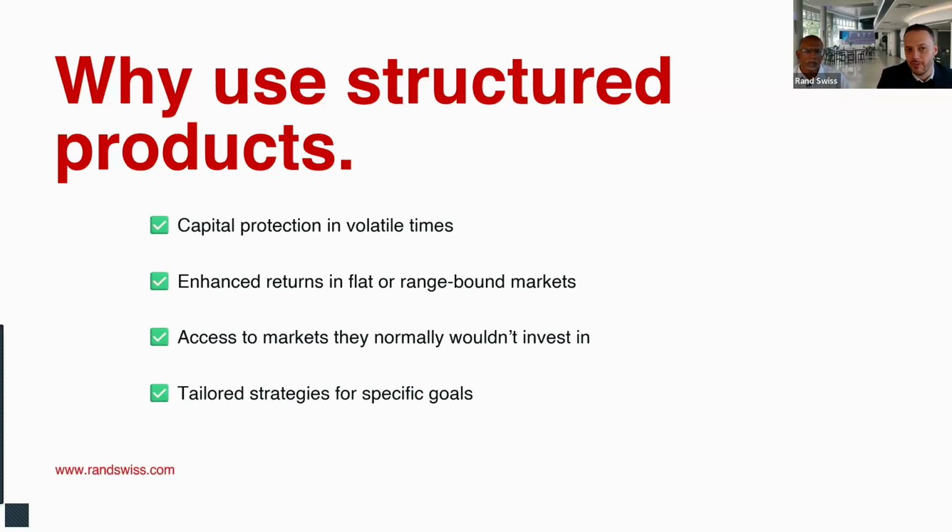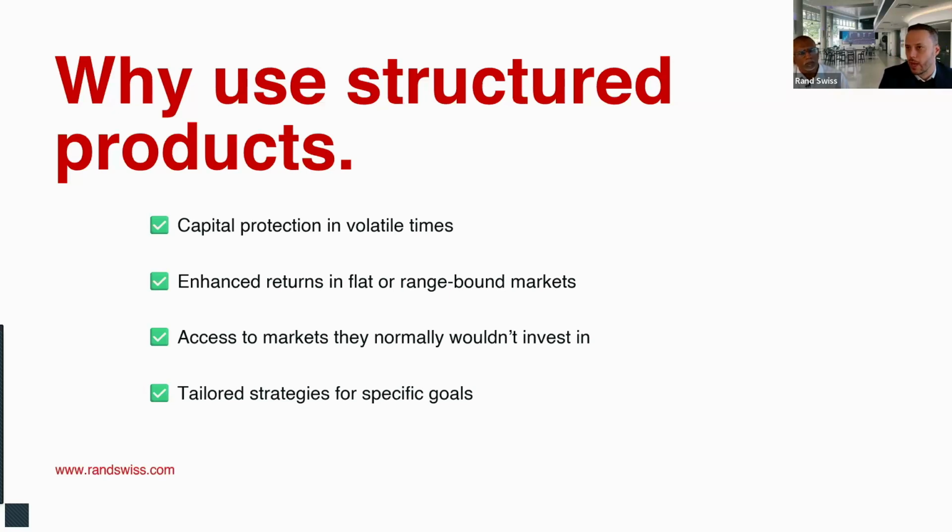The enhanced return in flat or range-bound markets. Like I said, you can create the payoff profile in a lot of different ways, but typically where you see these really benefit is in a flat or range-bound market. You don't want the capital protection to kick in. It's great when it happens. You don't want your house to burn down, but when your house burns down, you're very grateful to have something that will give you a payout. But ideally, where does this actually benefit you?